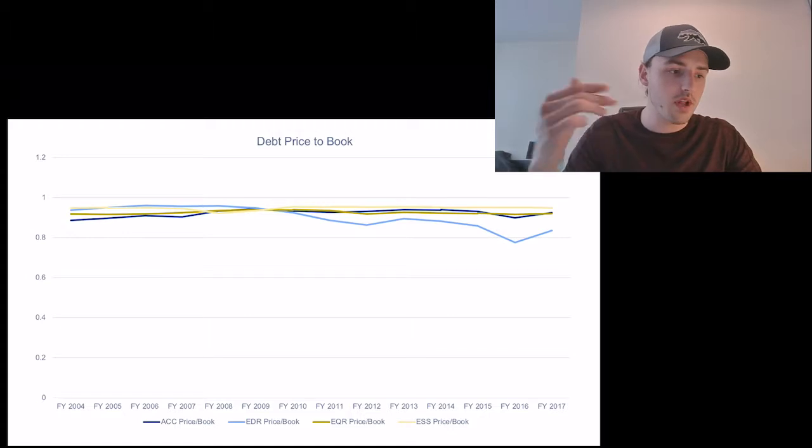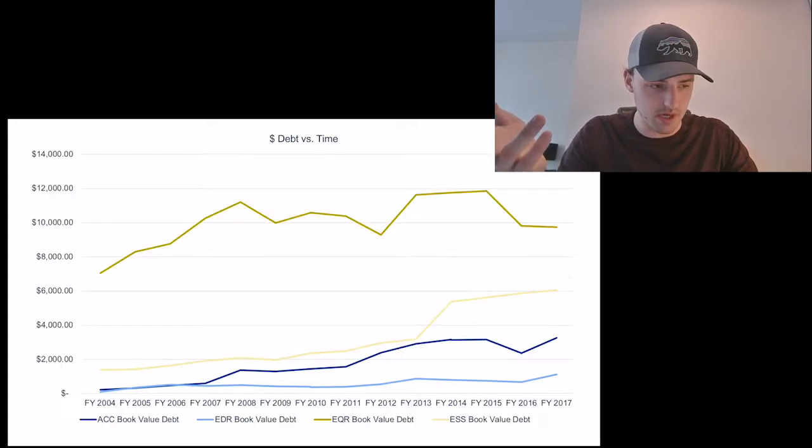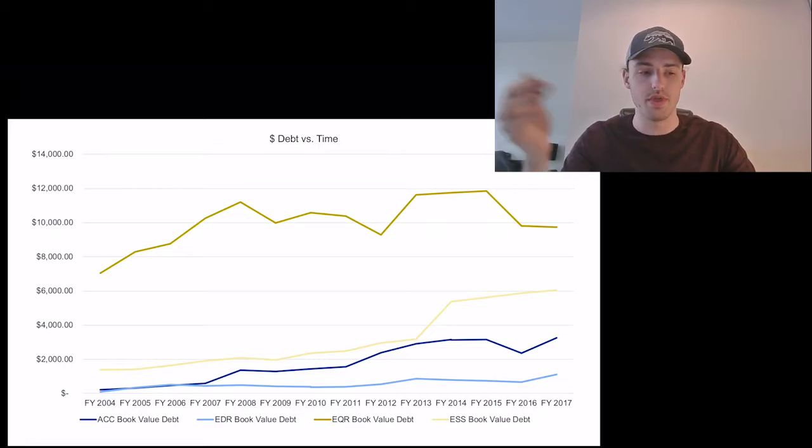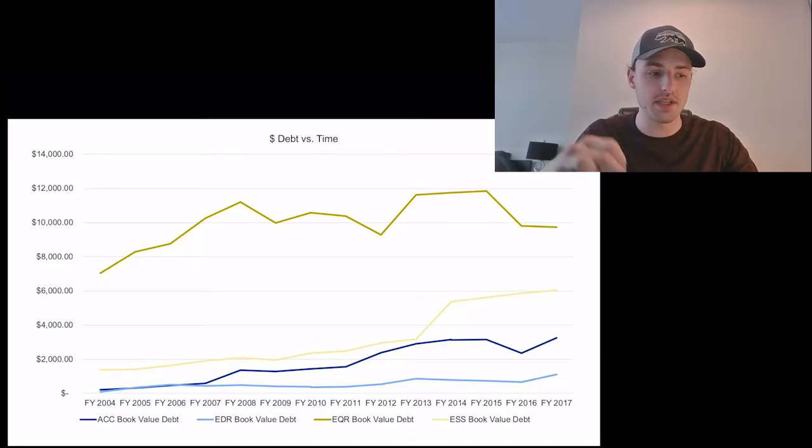And so the next logical item to examine is what exactly happened to the balance sheets of these companies during the crisis. Firstly, because real estate is a highly levered business, I wanted to look at what happened to debt levels during the crisis.